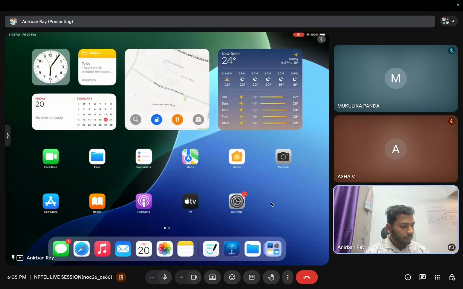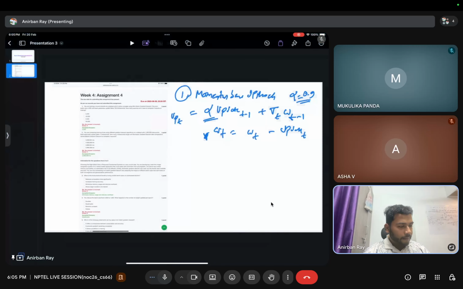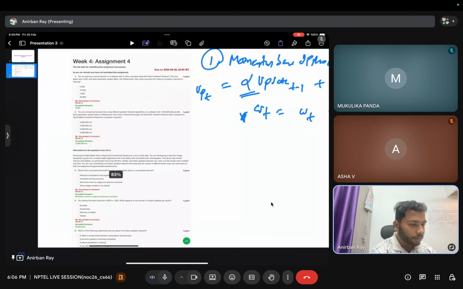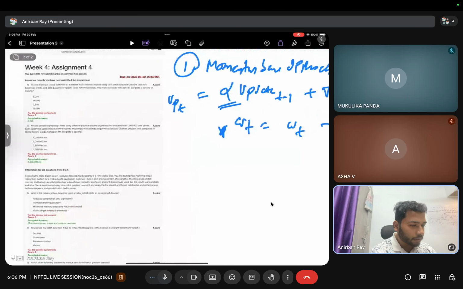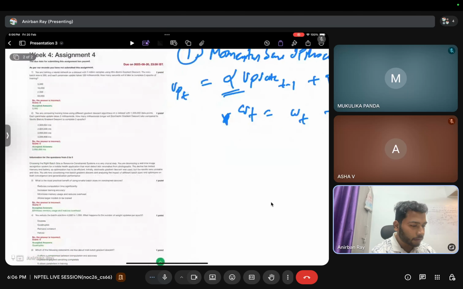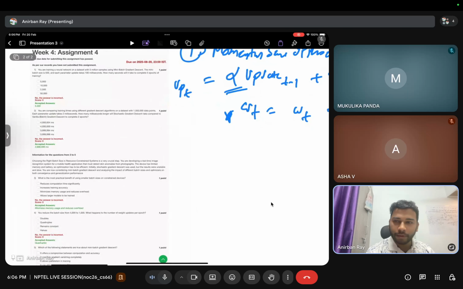Now, can you see the question here? Is it too small? This should be better. So you're training a neural network on a data set with 5 million samples.